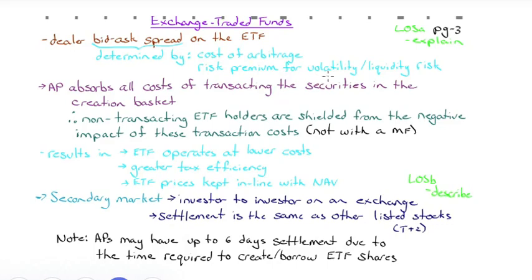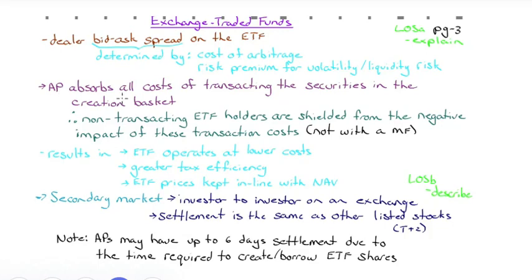And this means that depending on the nature of the underlying, if the dealer itself, not the sponsor now, if the dealer itself has to hold shares of the ETF in inventory with a volatile underlying, well, then there's a cost. There's a risk associated with that volatility. Same with liquidity, so the bid-ask spread will be wider.